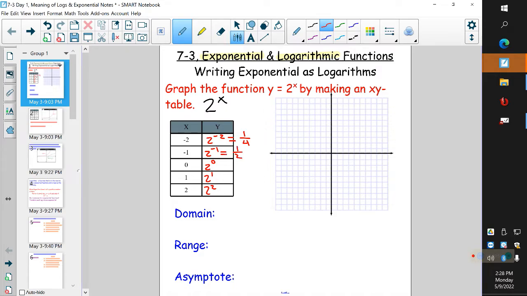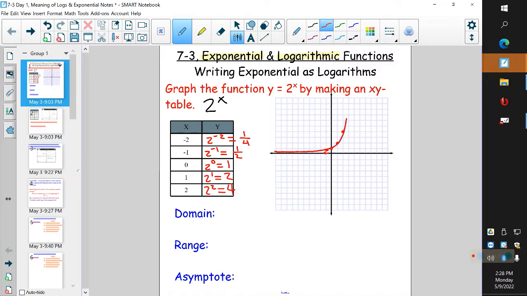This is going to be 1/2. Anything to the 0 power is always and forever 1, and 2 to the first is 2, and 2 to the second is 4. So if I graph this, I have 0, 1, I have 1, 2, and I have 2, 4. And then over here, I'm going to have negative 1, 1/2, and then negative 2, 1/4.